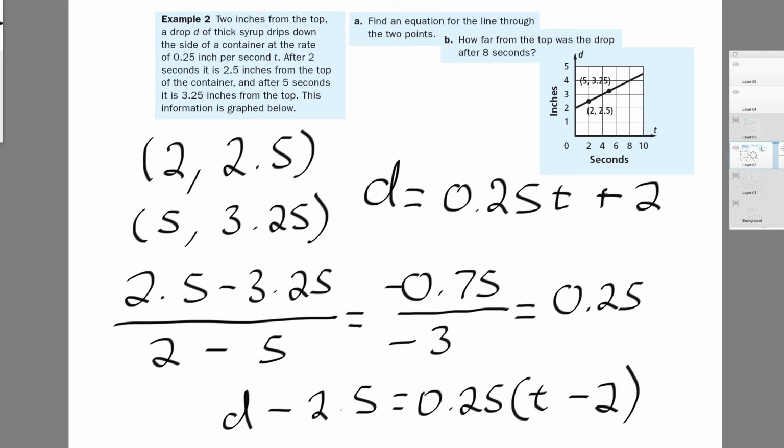And that would give us our equation in that form. Can we manipulate this algebraically to get that equation up there? Can we take it in point slope form, manipulate it to get it in slope intercept form? Why don't you try it and see?